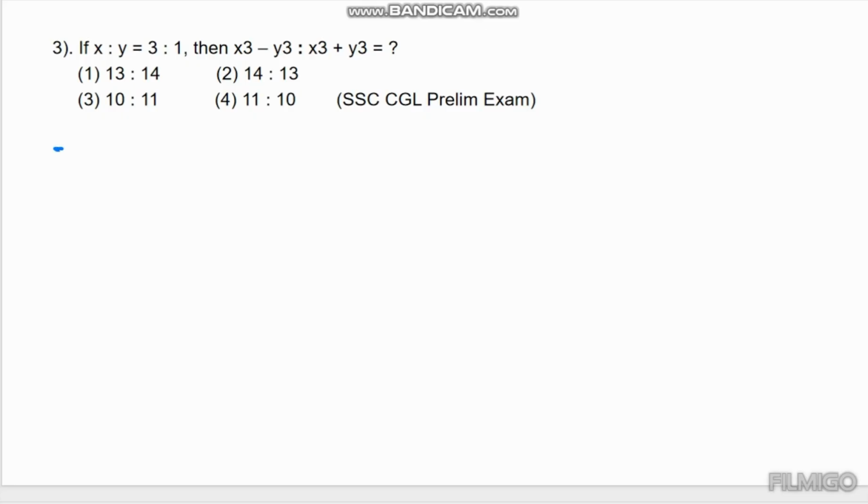Here given x is to y equal to 3 is to 1. So substitute the value of x and y in the above question.